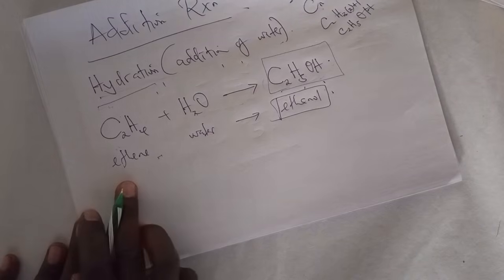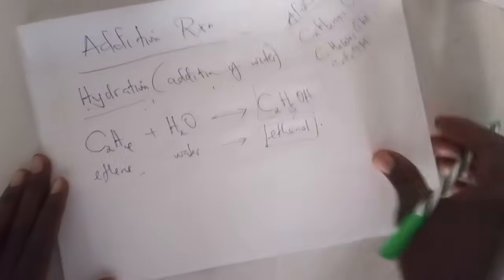These alcohols also have chemical properties. Like I said, one of the methods by which alcohols are prepared, particularly ethanol, is by hydration of ethene. What you need to know is that alcohols also undergo combustion. Ethanol burns in oxygen to give carbon dioxide and water.